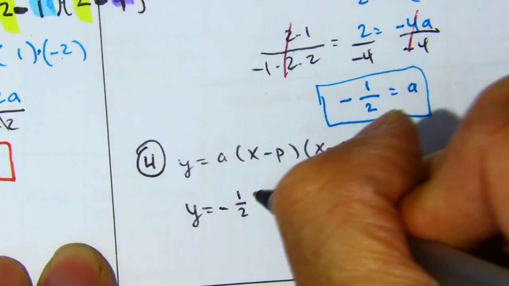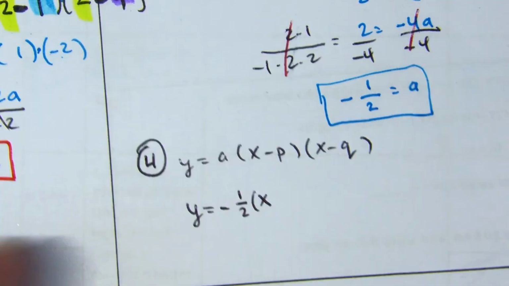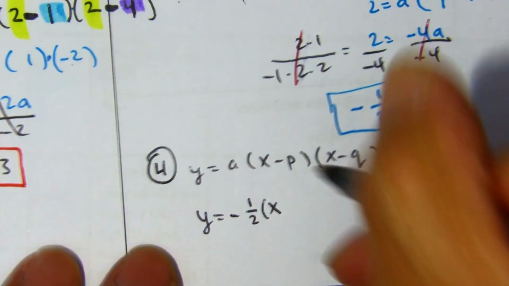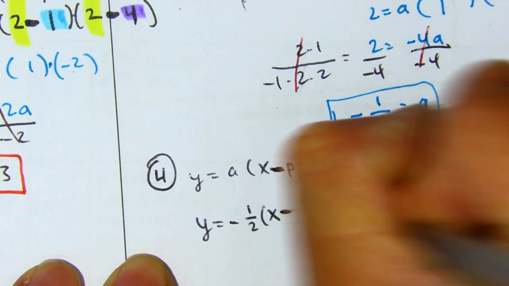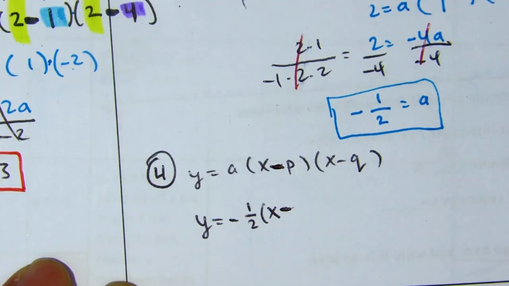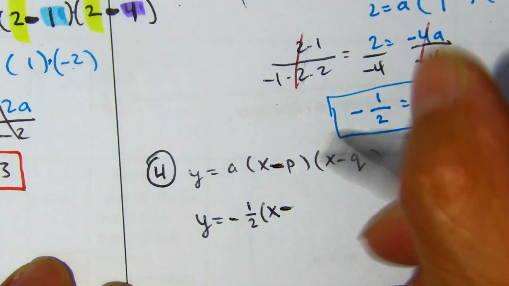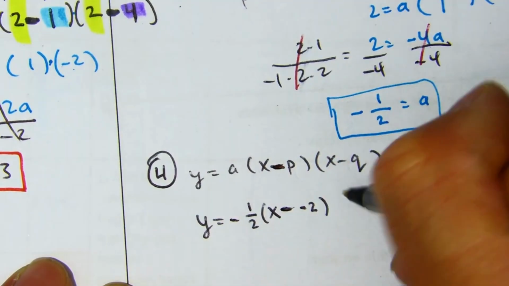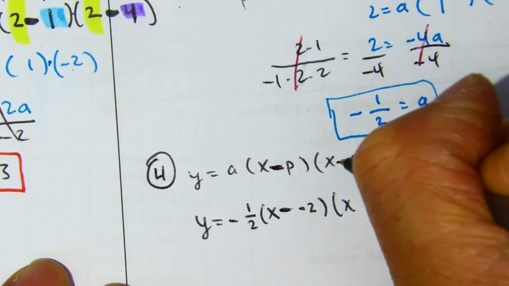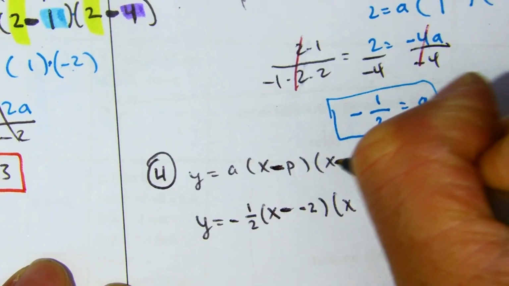My X value stays. Remember, make it nice and bold. Doesn't matter what it is for P, just put it there. My P value is -2. Again, bold. Change it to a different color if you want.